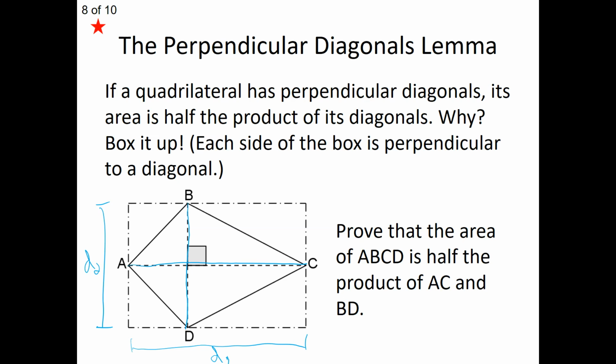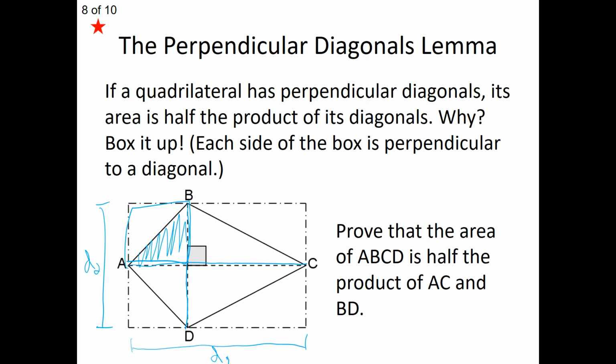Well, let's break this up into chunks. In the first chunk, we see this little part of our diagram that's been boxed up essentially. If this is a rectangle, the area of this shaded region and the area of the unshaded region are equal to each other, right? Those triangles are perfectly congruent, which means the area that's shaded is half of that whole area that we had boxed up there.